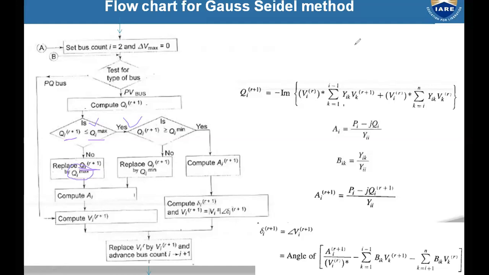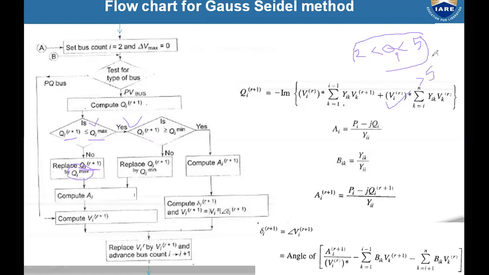Suppose the limits are given like this for QI: 2 less than Q less than 5. That means the QI value calculated must be between 2 and 5. Suppose your calculated value QI is greater than 5, right?